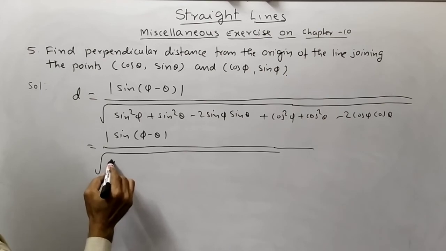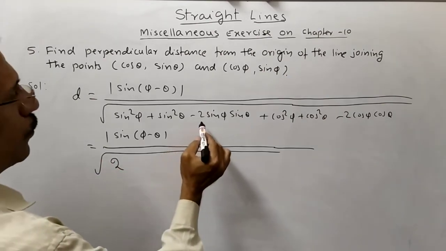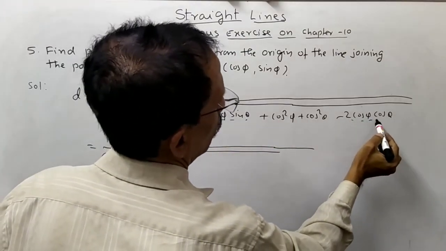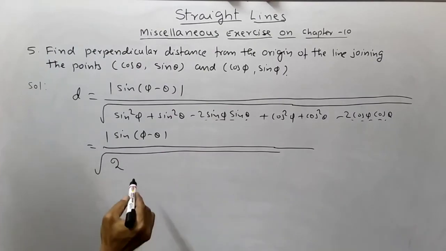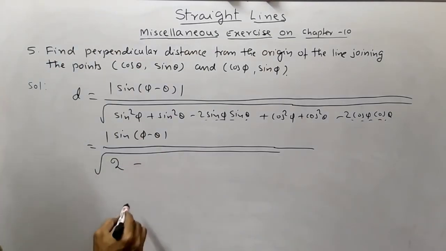Therefore, we can write 2, and from these two terms let us take minus sign common, or minus 2 we can take.